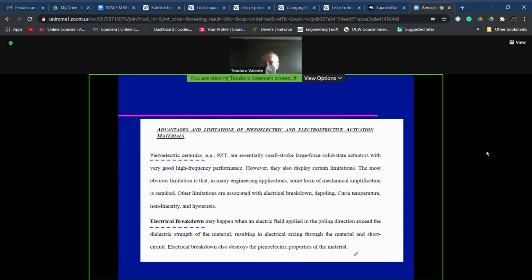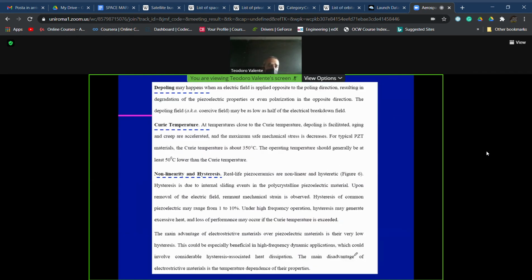For each piezo material we have a maximum applied electric field which is able not to cause the electrical breakdown, because if we start the depolarization effect, then the piezo behavior is lost. And so this is the first limitation.